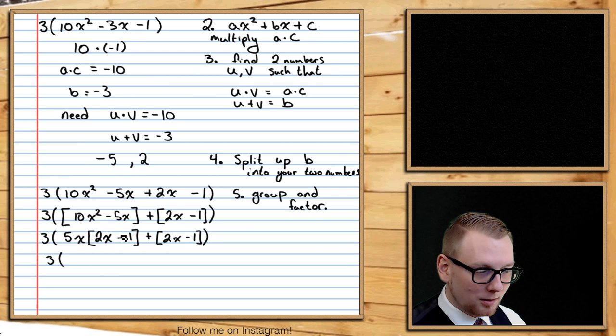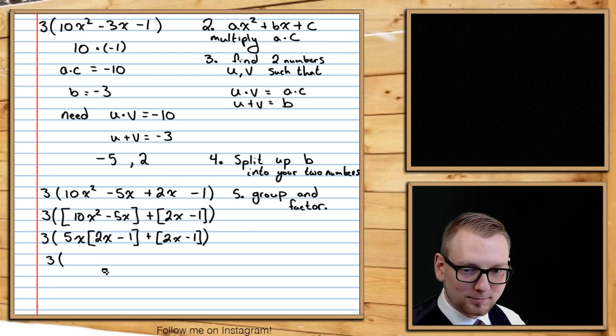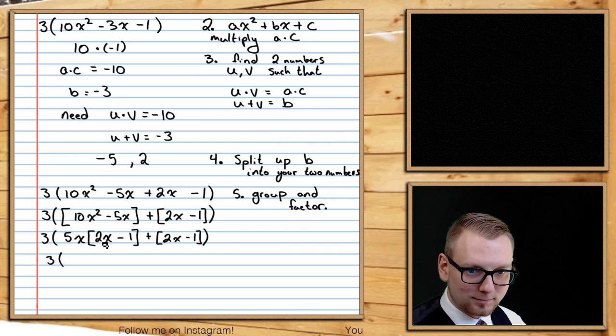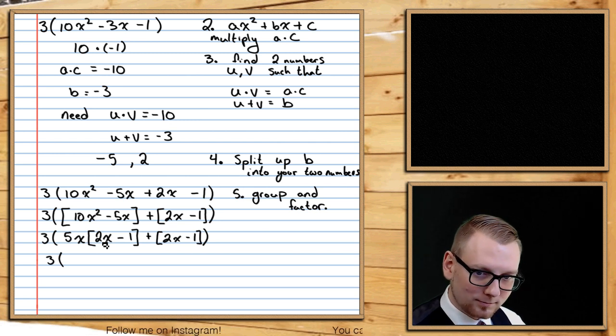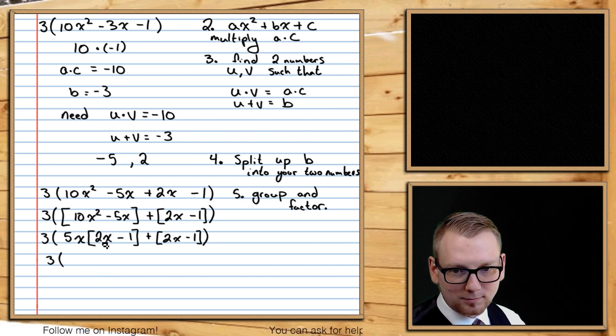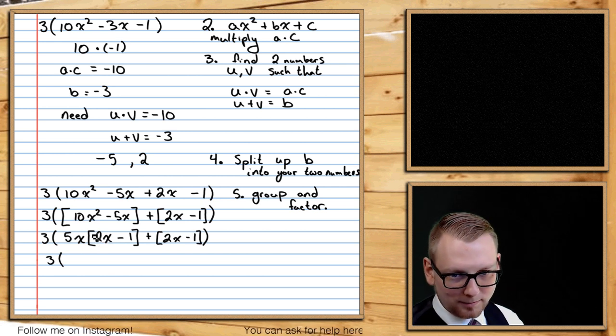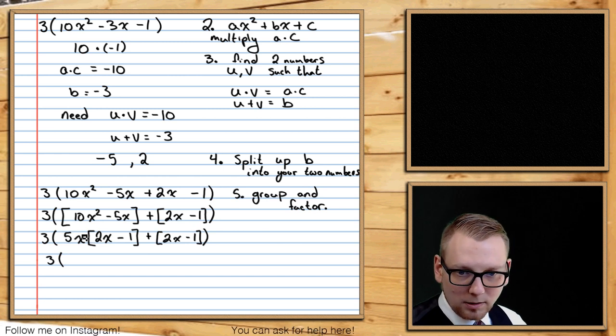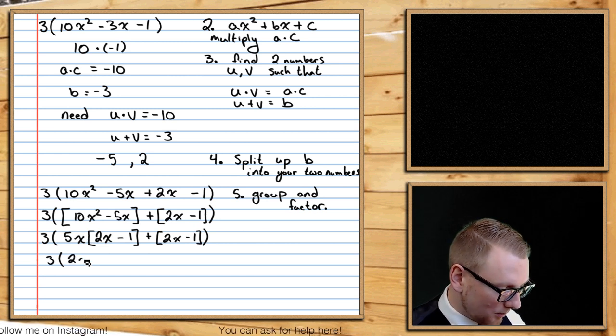So what is the common term? Well, not quite. So you take out the 2x minus 1. That's right. So we've got the 2x minus 1.